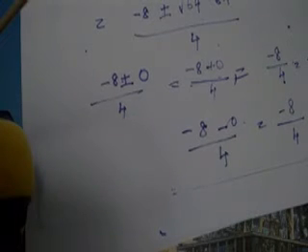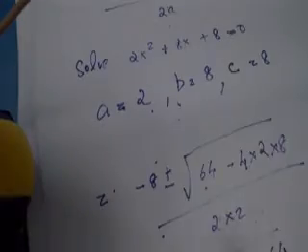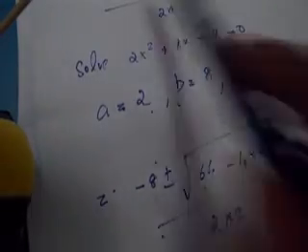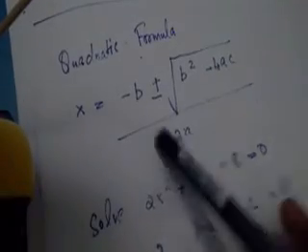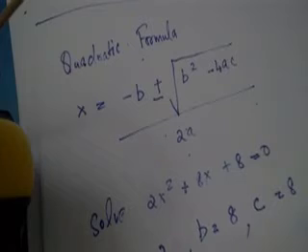So this is the answer. I hope it is quite simple. You just have to study this formula by heart: minus b plus or minus root of b square minus 4ac divided by 2a.